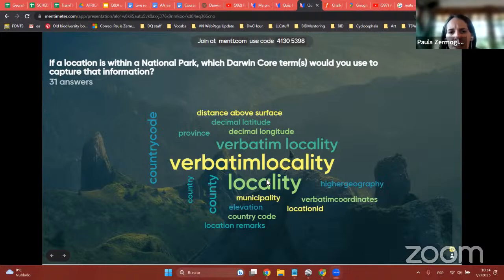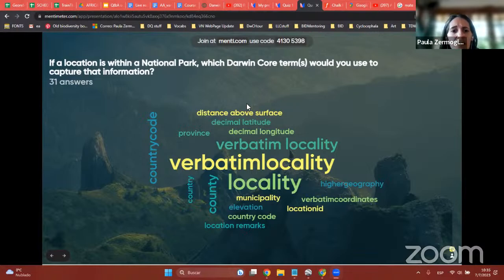Let's go to the ones that are related to elevation and the vertical component, which are distance above the surface and elevation here. So those two terms are meant to capture completely different kinds of information, which are the distance above the surface and the elevation. So that has nothing to do with which national park we're talking about.